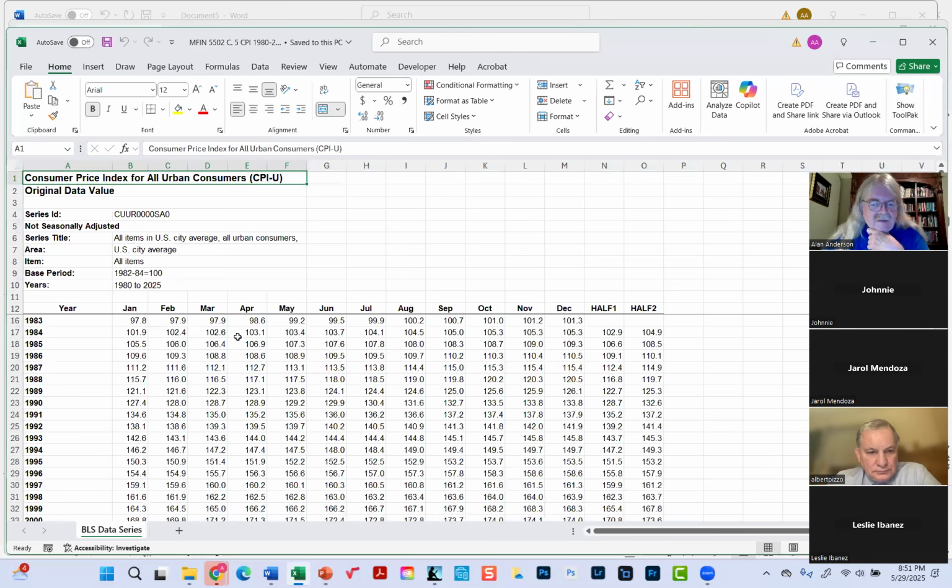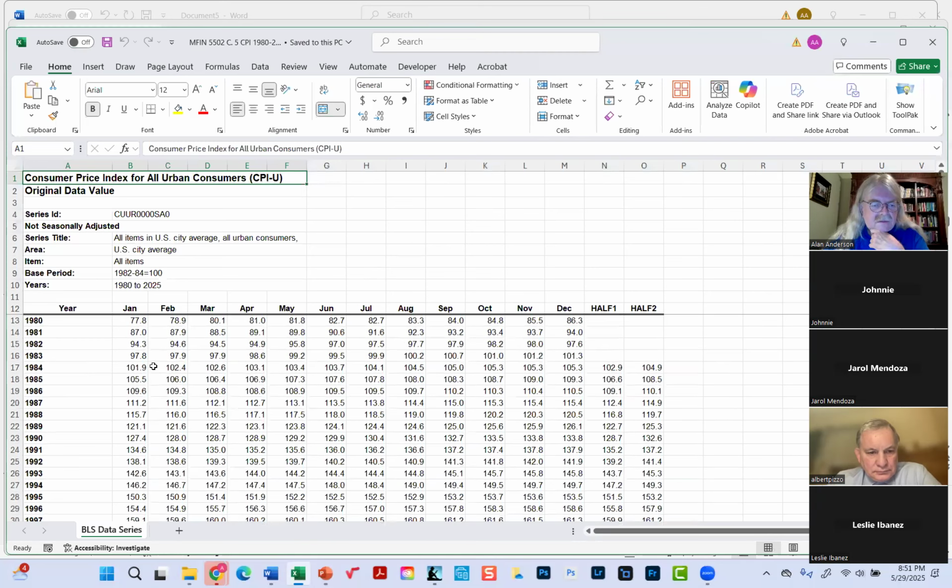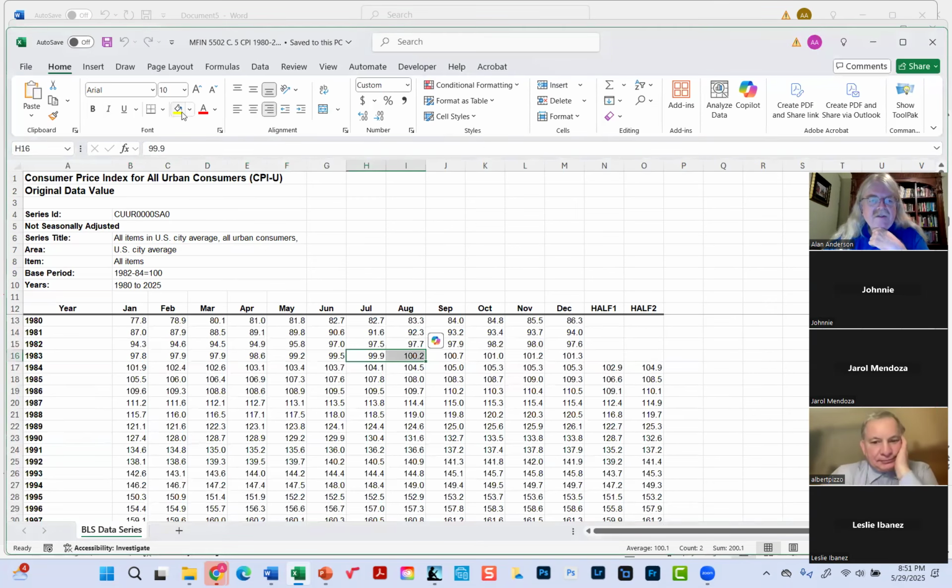So they're numbers. Now, somewhere in the middle here, in the early 80s, at some point it reaches 100. By definition, they've chosen that to be the so-called base period or base year.